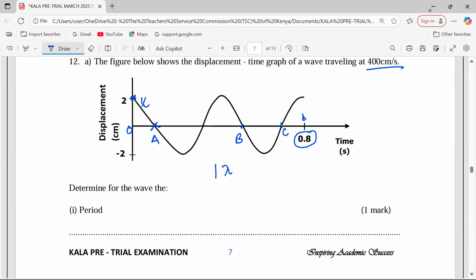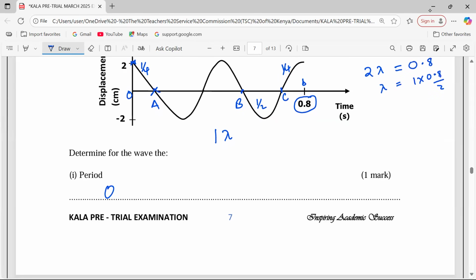So this is a quarter wavelength, and this is a wavelength. Therefore, we have two wavelengths here. The time taken to cover the two wavelengths is 0.8. Then what about one oscillation? It shall be 1 times 0.8 over 2. So we are getting 0.4 seconds as the periodic time.